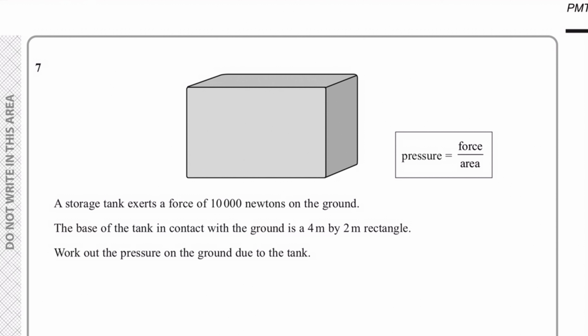Moving on to question 7, we're told a storage tank exerts a force of 10,000 newtons on the ground. Now the base of the tank in contact with the ground is a 4x2 rectangle. We need to calculate the pressure that this exerts on the ground. The good thing about this question, guys, is they've actually given us the formula for pressure. So we know pressure is equal to force over area.